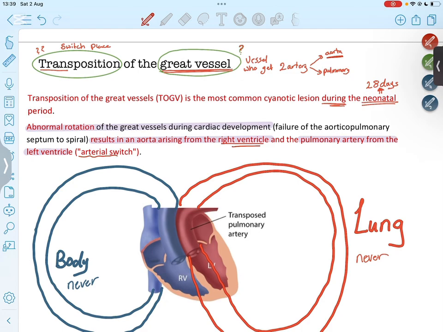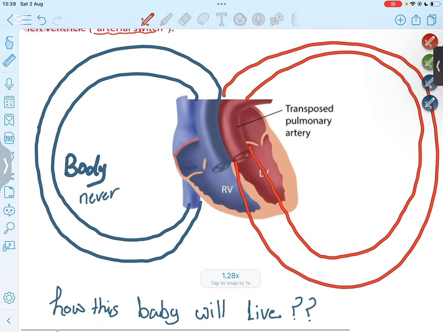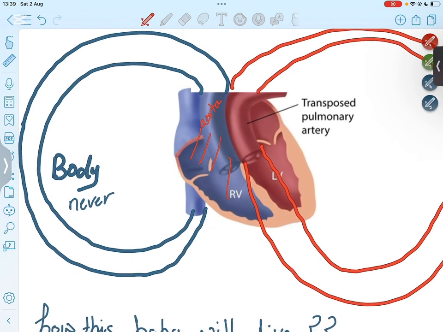We have an arterial switch. So let's explain it: this is the right ventricle, and the aorta arises from it. Here's the aorta. And this is the left ventricle, and the pulmonary artery arises from it.